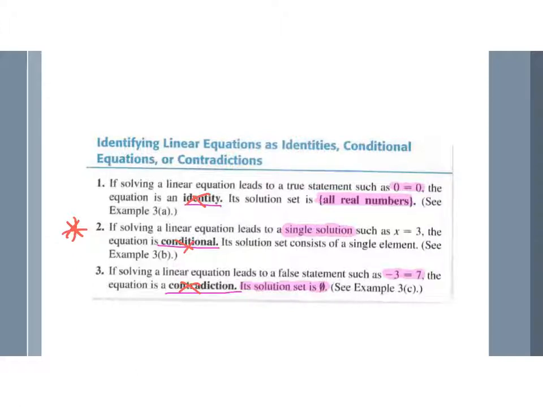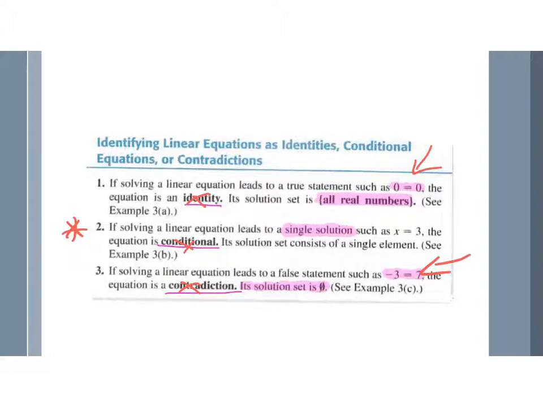What I want you to do is either tell me x equals 5, x equals 10, whatever number it is, but in the 2 special cases that I'm going to show you now, if your variables cancel and you're left with either 0 equals 0 or the same side, both expressions on either side of the equal sign are equal, then it's all real numbers. If you're left with nonsense, like 2 equals 5, that's when it's no solution. So if you get something that doesn't make sense, then it's no solution.